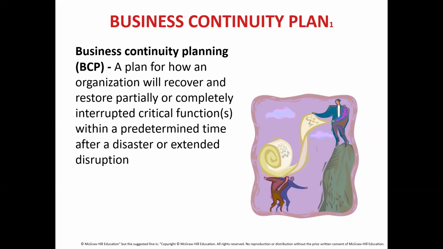Disaster recovery plans traditionally contained information on systems and data, ignoring cross-functional and intra-organizational issues for business processes and supply chain management. For this reason, many are turning to a more comprehensive and all-encompassing plan known as a business continuity plan.